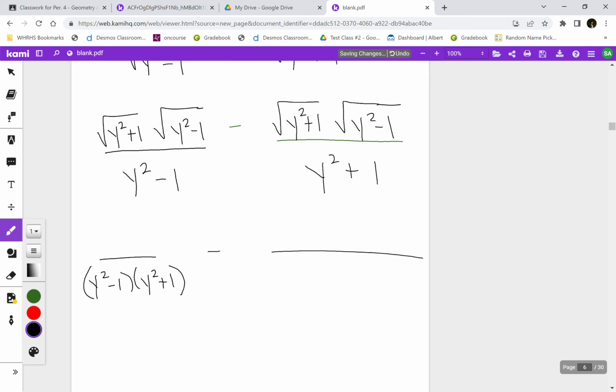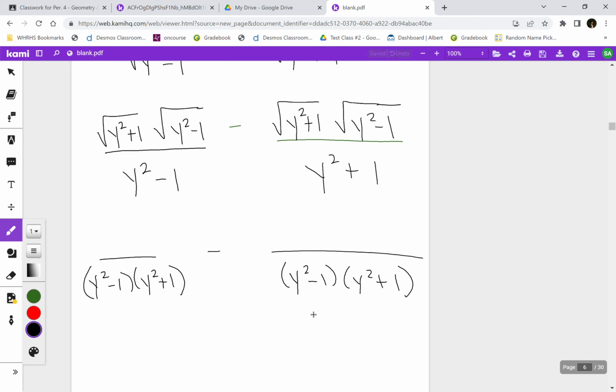Hey, if you wanted to factor it, you could have the first one, but it's not going to help you. That y squared minus 1 could be factored, but it wouldn't end up helping you. So in the second, we have y squared minus 1, y squared plus 1. So in the first fraction, do we all agree we're multiplying by the quantity of y squared plus 1 numerator and denominator?